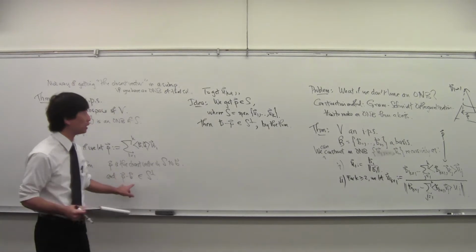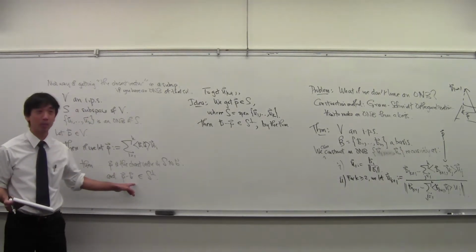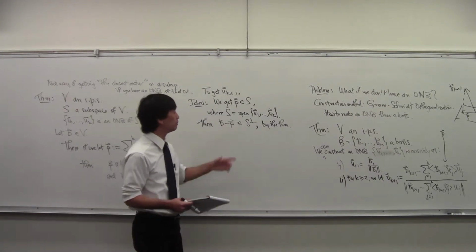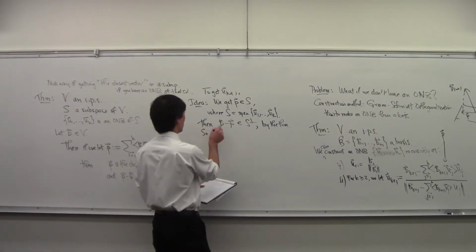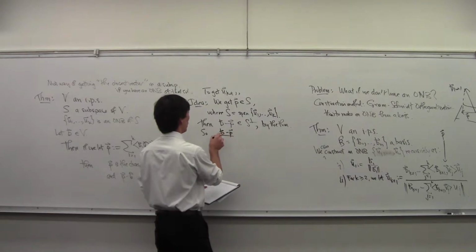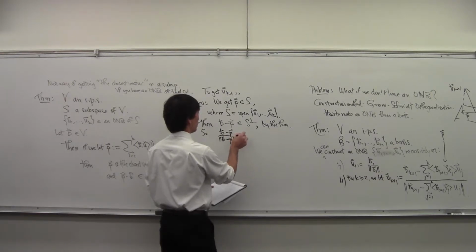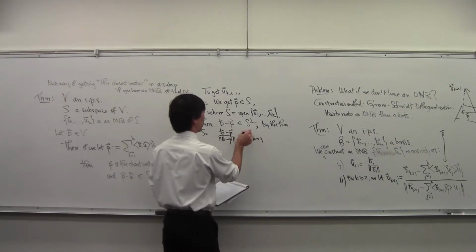P minus B or B minus P, it doesn't matter, is going to be in S perp. And so B minus P over the norm of B minus P, we take that as our U k plus 1.